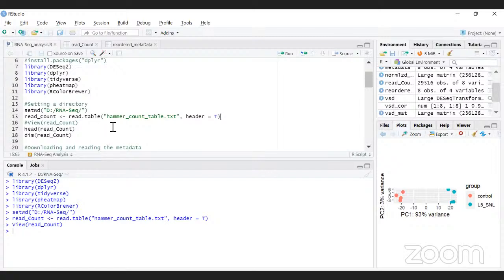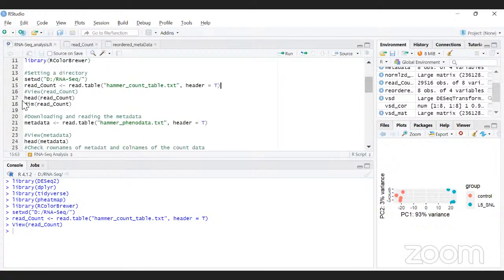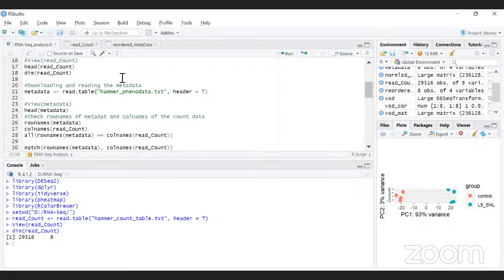Let's look at the dimension of these counts. There are around 29,516 genes and you have around 8 samples in this particular study.